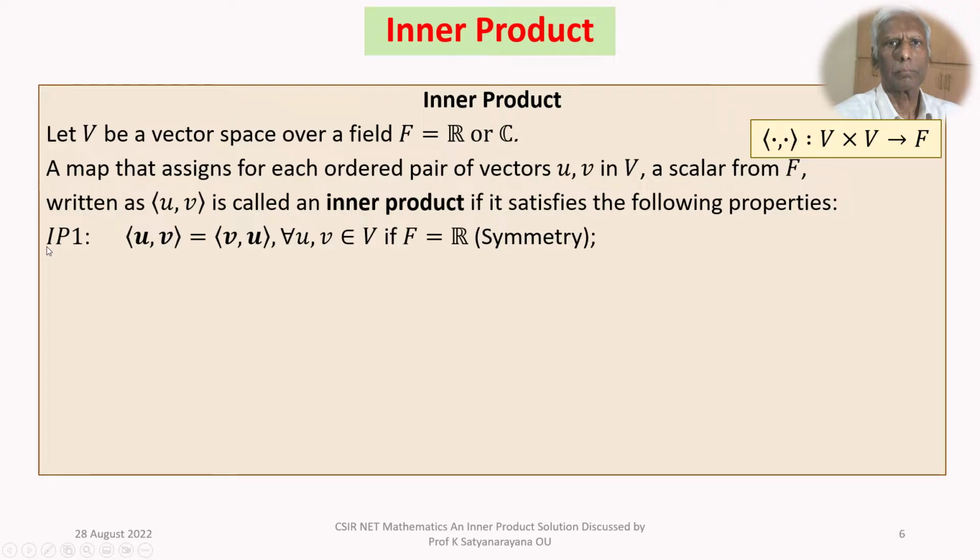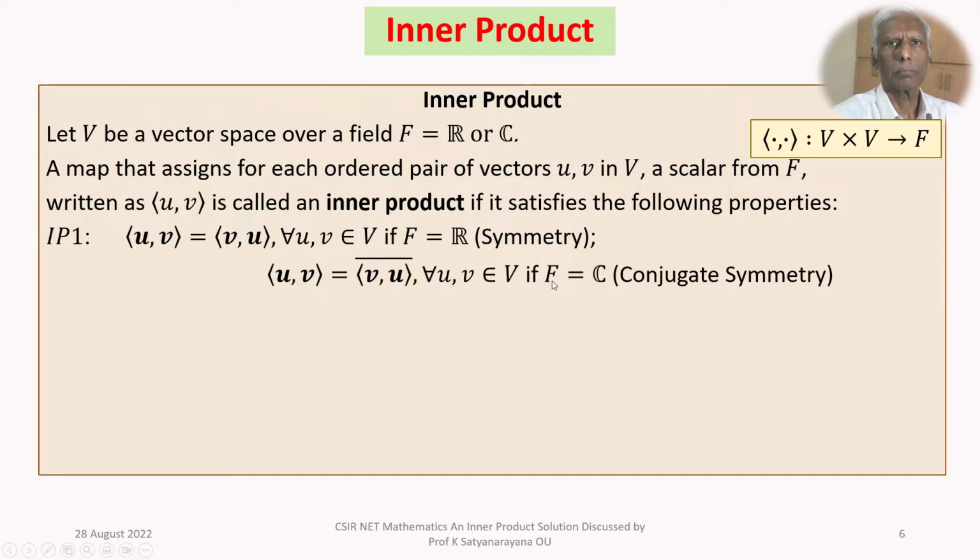The first property, IP1: bracket u comma v is equal to bracket v comma u for all u, v belonging to V when F is the field of real numbers, and it is called the symmetry property.